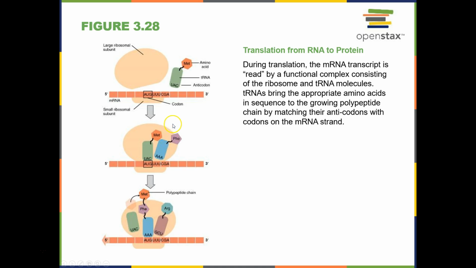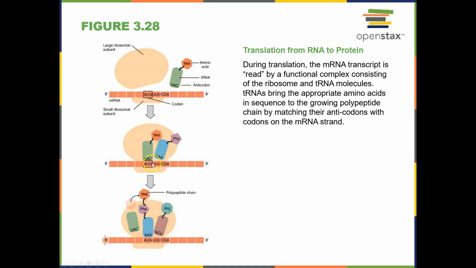So you end up having transfer RNAs come in, and they contain what we call the anticodon, which is opposite the codon, and then they hold the amino acid that is coded for in the transcript. So A binds to U, so we have UUU, AAA. UUU codes for phenylalanine, so that's going to go here.